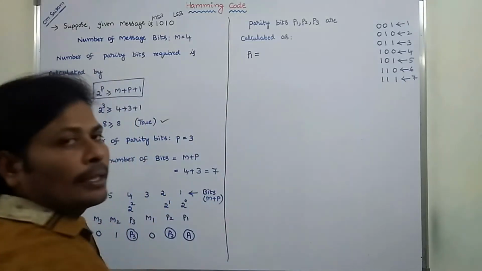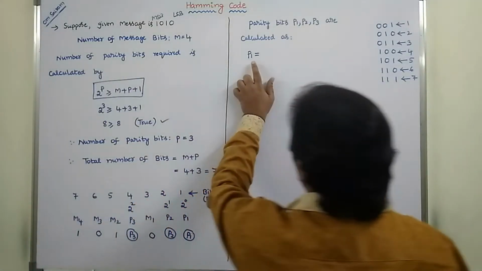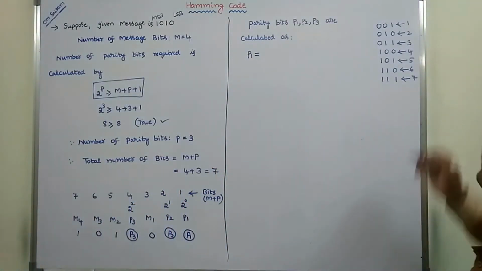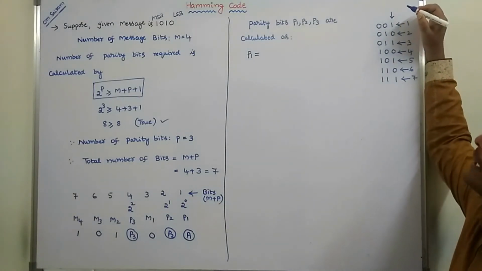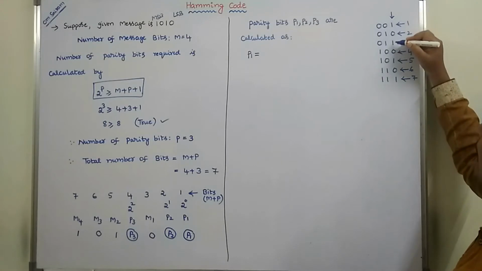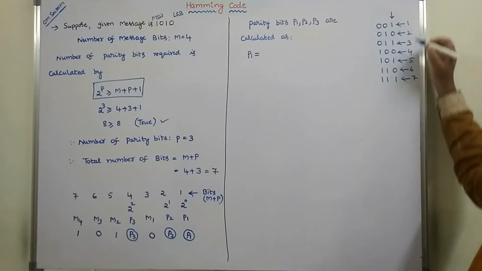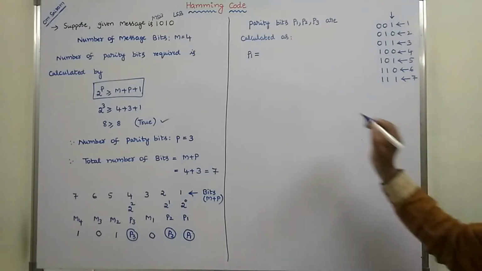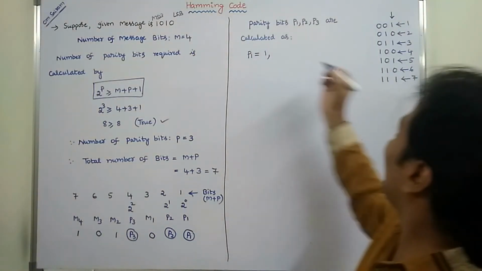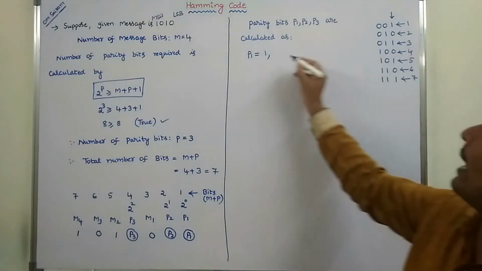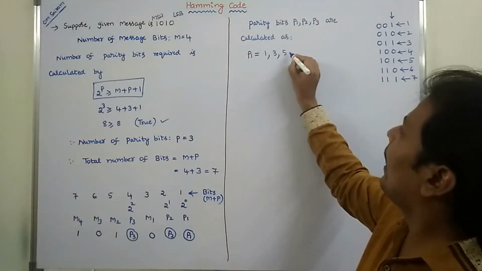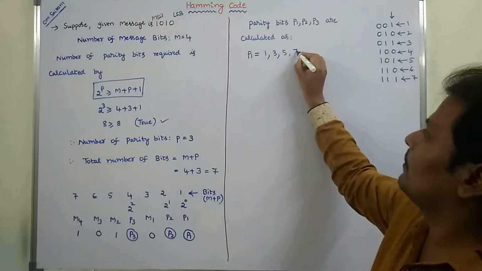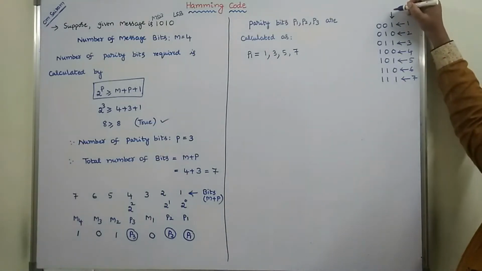While calculating P1, we have to consider the LSB, the least significant position, where the 1 is there. Okay, here 1 is there at the 1st place, 3rd place, 5th place and 7th place. Okay, so now consider this.